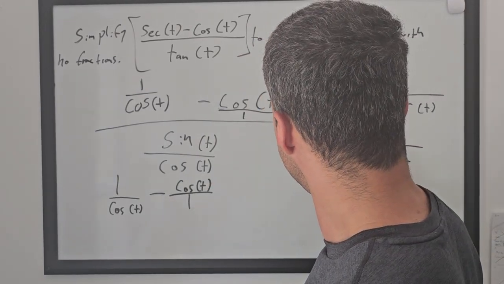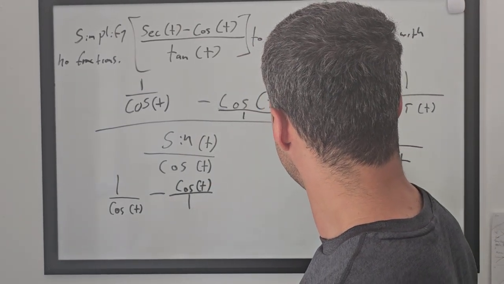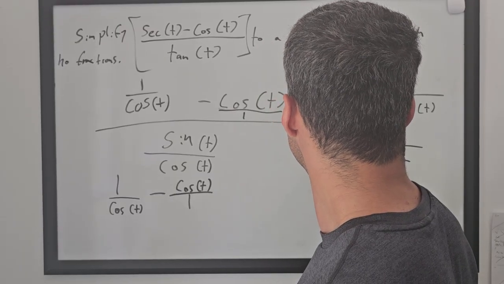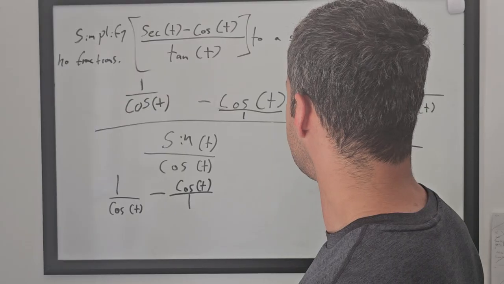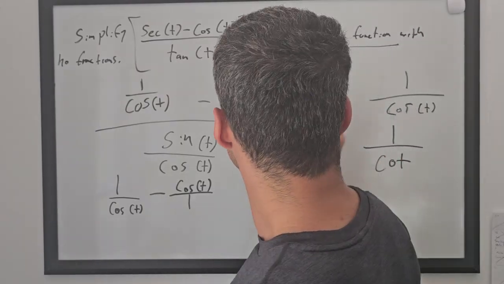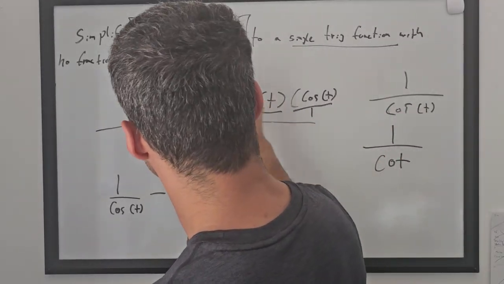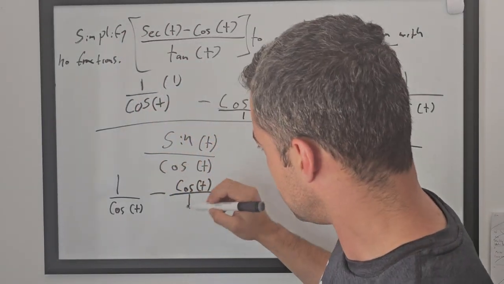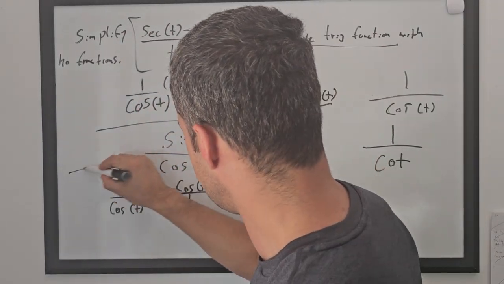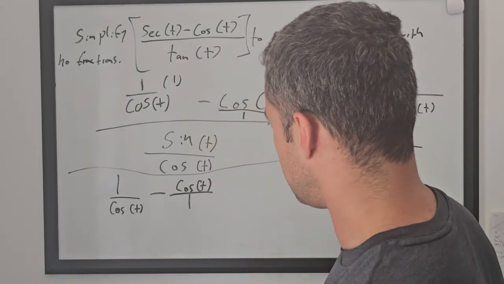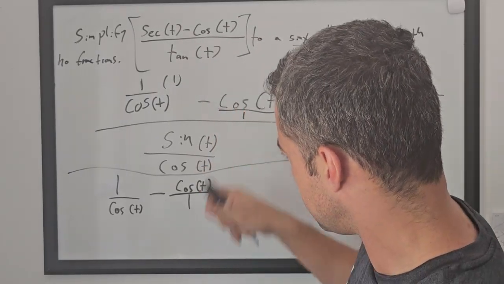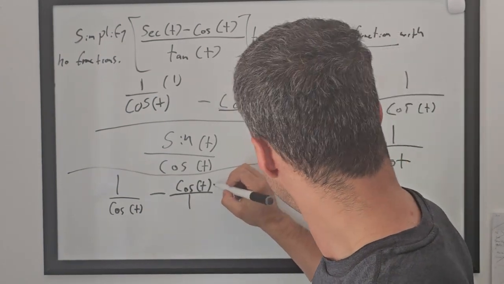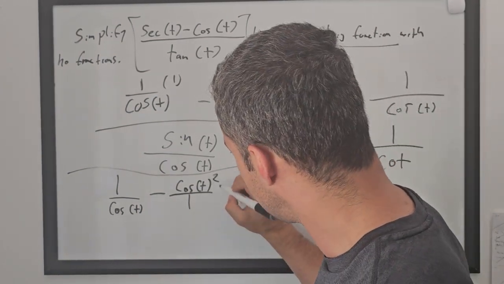So that means this is multiplied by cosine over 1. And then this is multiplied by that, which is just 1. Now let's split, because this is a new equation, and that's the old one. So this, when multiplied, becomes squared.